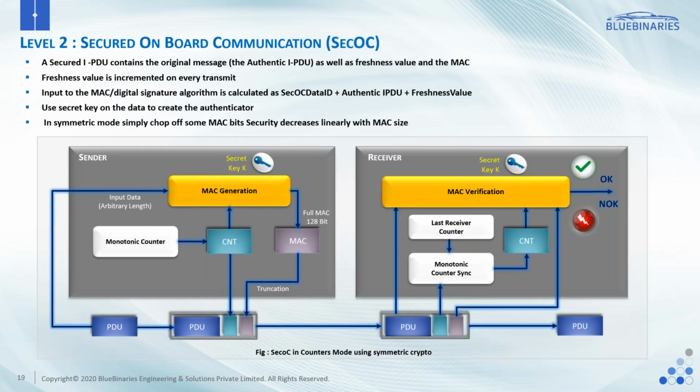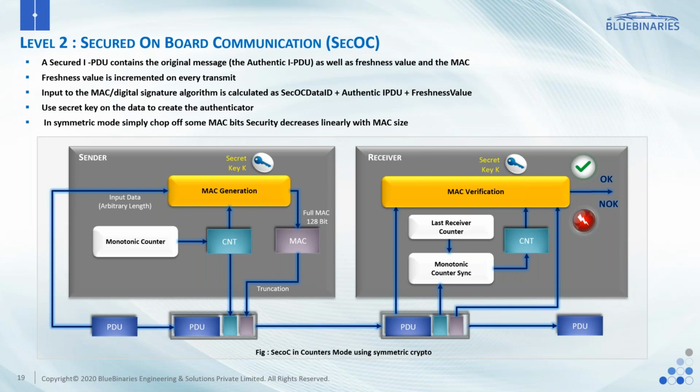And the other level of security that you can introduce in the architecture at a message level or a payload level is secured onboard communication. So SecOC will help you to secure a particular payload with a set process, and then the sender and receiver will do a sequence of actions to validate the payload and check whether the payload is coming from a sender who is authenticated or not.